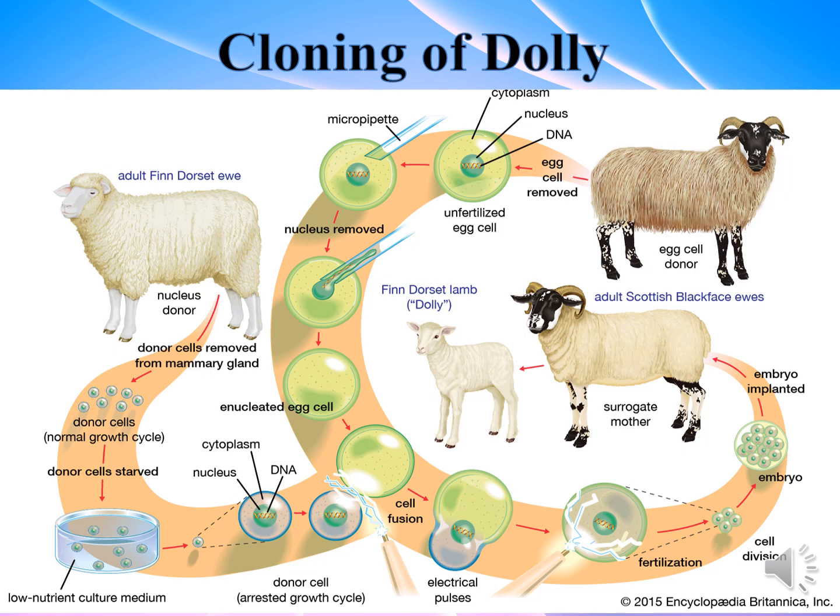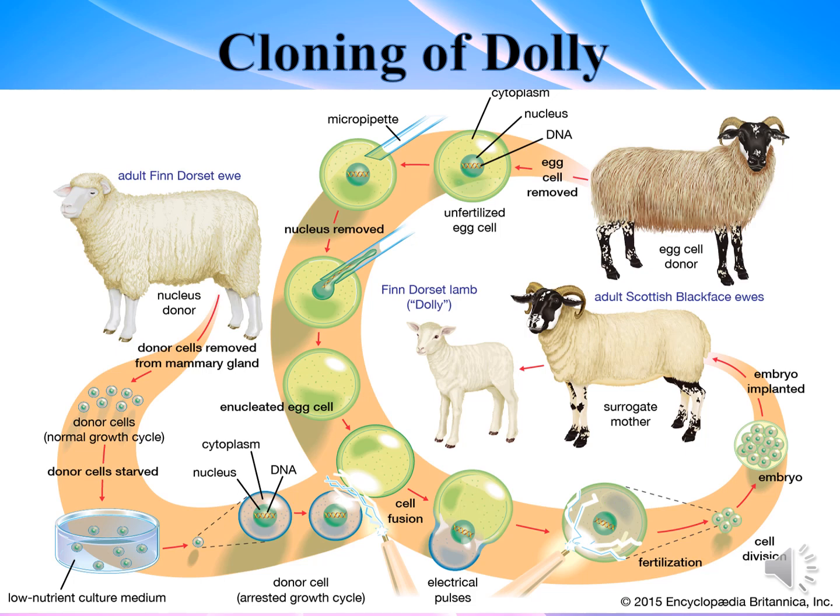Now, the egg cell with the foreign nucleus was implanted into the uterus of the Scottish Blackface ewe, and this egg underwent normal division and developed into embryo, fetus, and a mature adult sheep was born. This sheep was named Dolly. Dolly was born on July 5th, 1996.